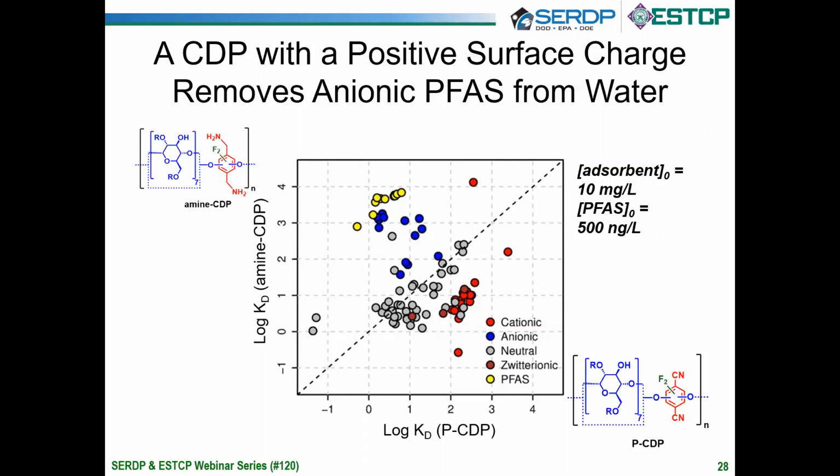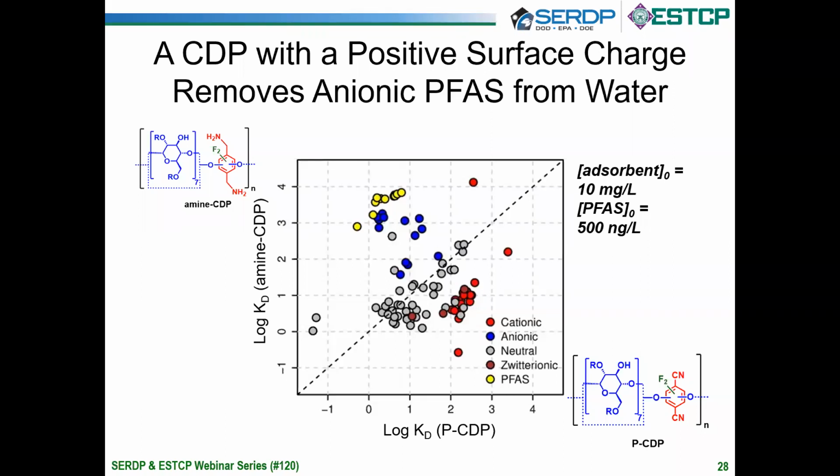The red data points demonstrate that P-CDP has a greater affinity for cationic adsorbates, as we had already shown. But now we see from the blue data points that amine CDP has a greater affinity for anionic adsorbates. And finally, and I'm saying finally here because we were chasing this result for quite some time, we see the enhanced affinity of amine CDP for anionic perfluoroalkyl acids.